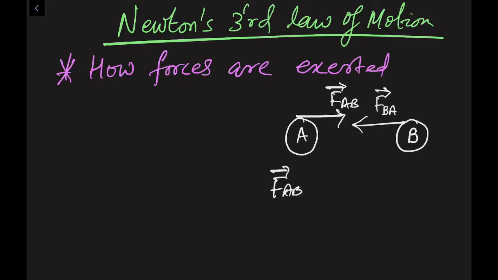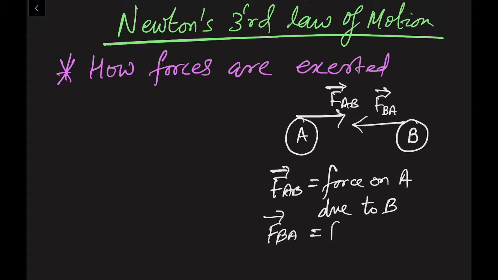If FAB is the force on A due to B, FBA is the force on B due to A. Further experiment shows that body B exerts a force FBA on body A which is equal in magnitude and opposite in direction to the other force.